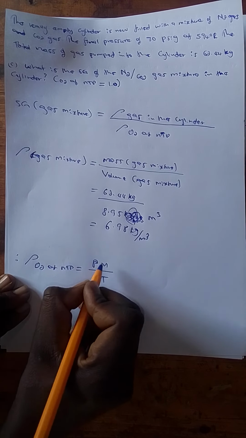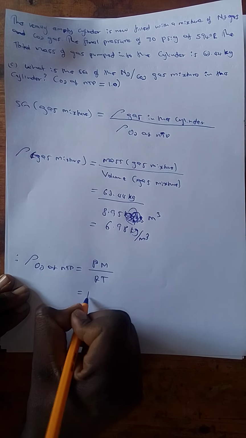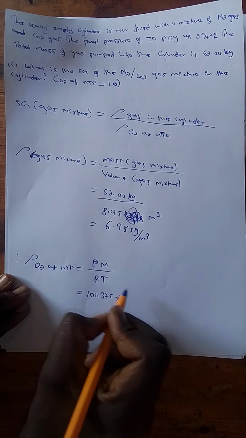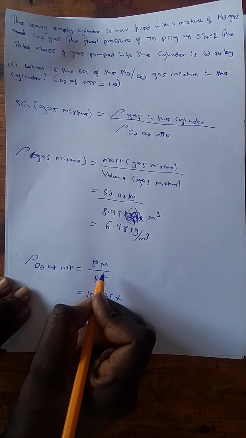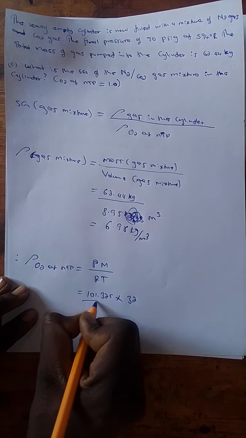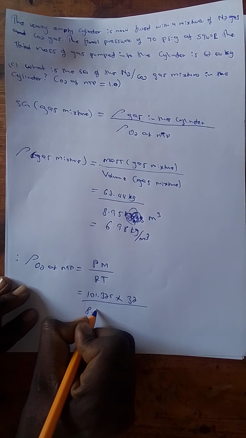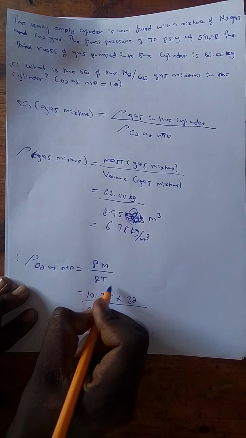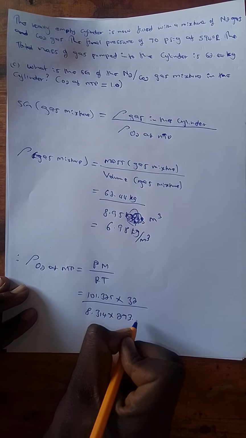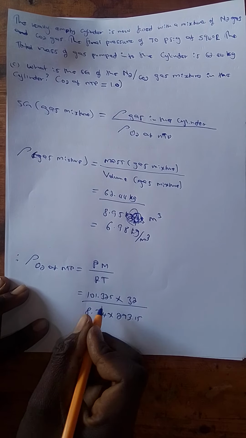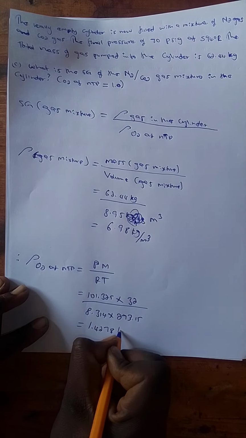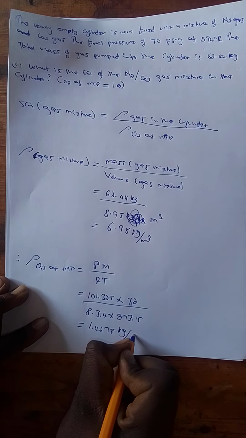The pressure is the normal pressure, 101.325, multiplied by M, the molar mass of O2, which is 32, 16 by 2, all over R, which is a constant, 8.314, multiplied by the normal temperature, 273.15. If you use your calculator, it gives you 1.4278 kilograms per meter cubed.